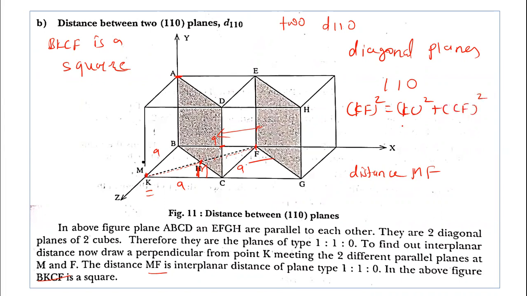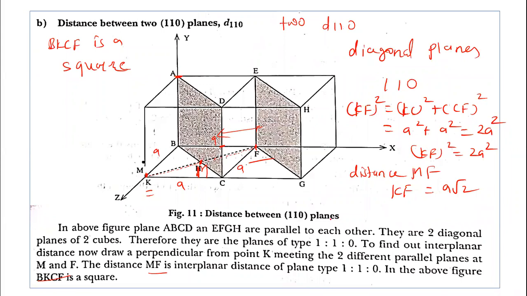Now we know that KC is equal to A, so it is A square. CF is also equal to A, so it is A square, so it is equal to twice A square. So KF square is equal to 2A square. That means, taking the square root, KF is equal to A into root 2.